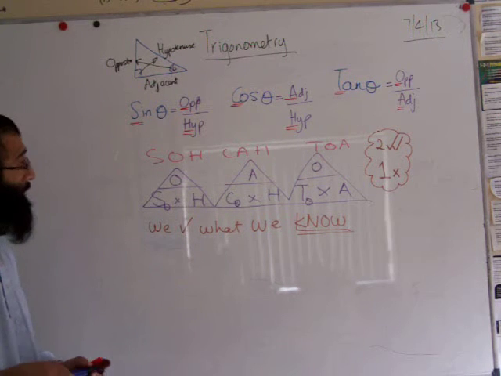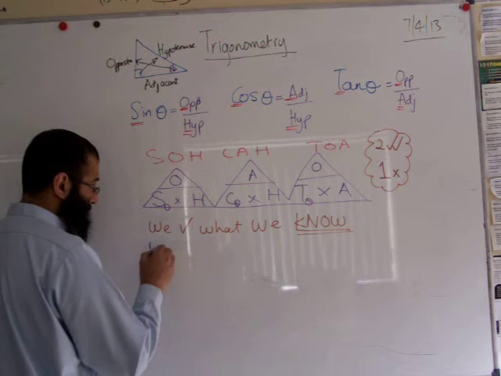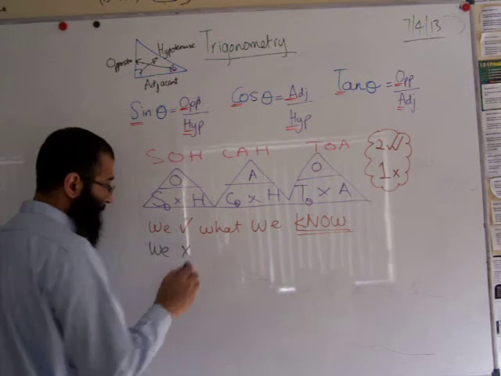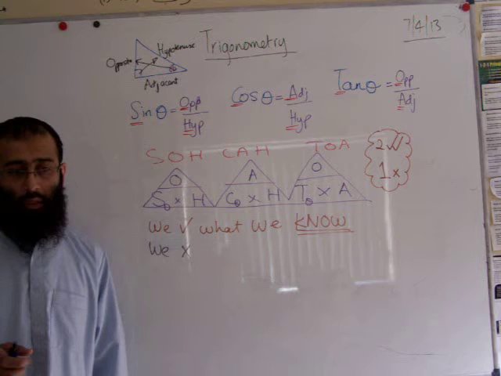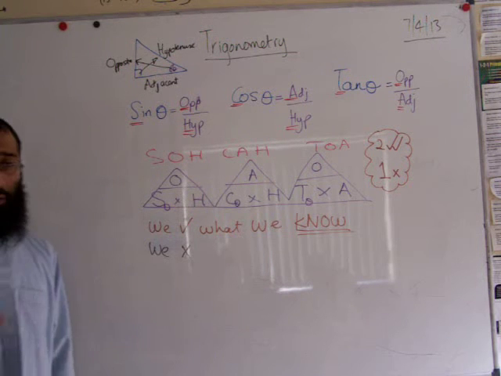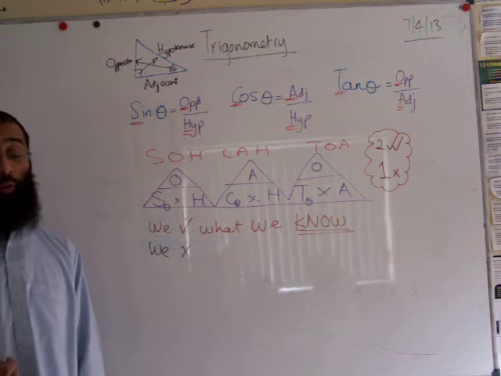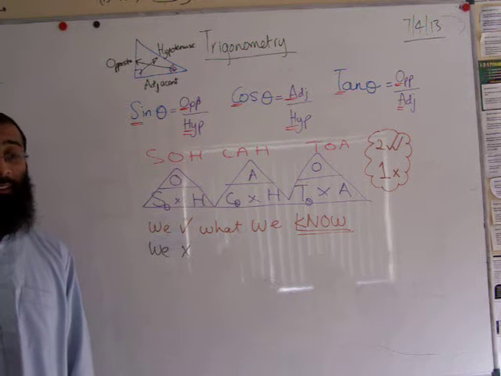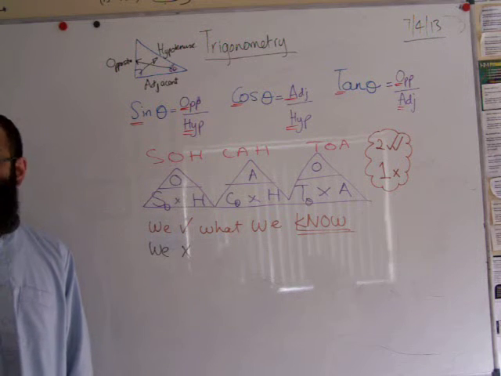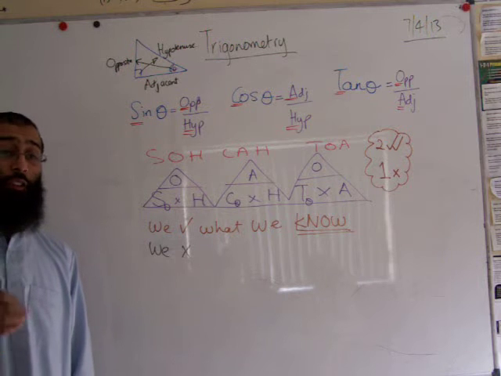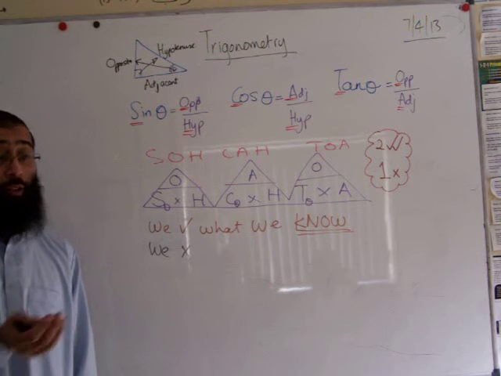Now, what do we cross? Okay, that was a bit of a trick question. Do we cross what we don't know, or do we cross what we need to know? We cross what we need to know, because there'll be other items that you don't know.